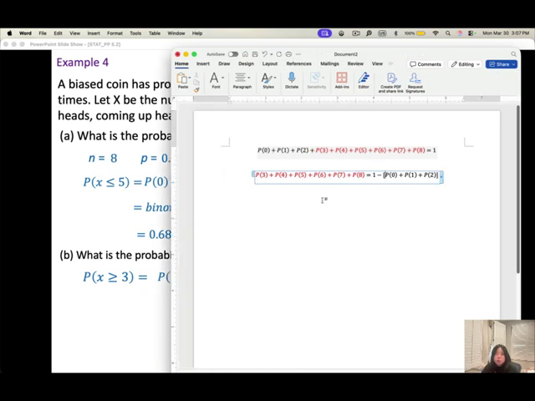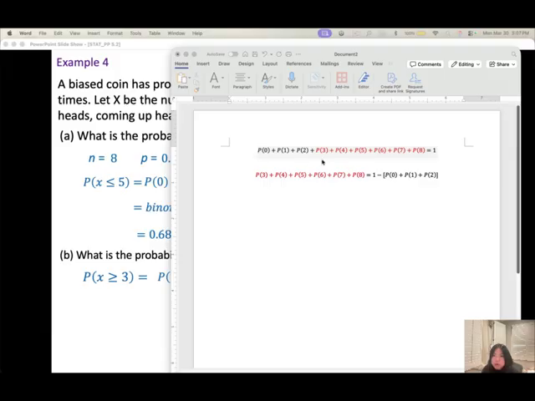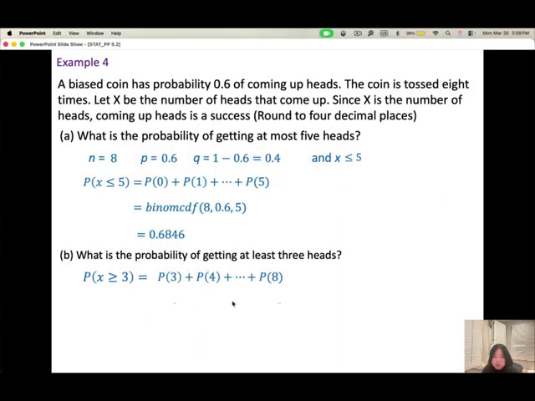Look at here one more time. According to the probability distribution, when I add up all the probabilities, it has to be equal to 1. And we are looking for P of 3 until P of 8. So I'm going to do 1 minus P of 0, P of 1, P of 2 on both sides, and you're going to get this. Now, I can calculate P of 0, P of 1, and P of 2 using binomcdf.